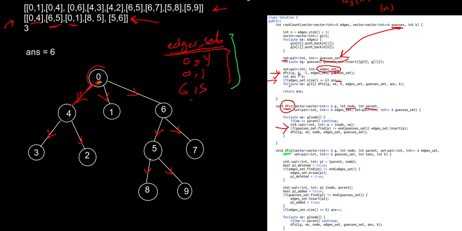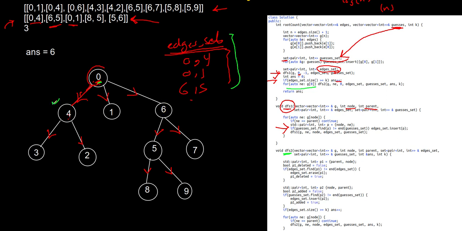So in this loop here we visit all the neighbors of 0. Because for 0 we already found its solution, we need to find the solution for 4, 1 and 6 first.